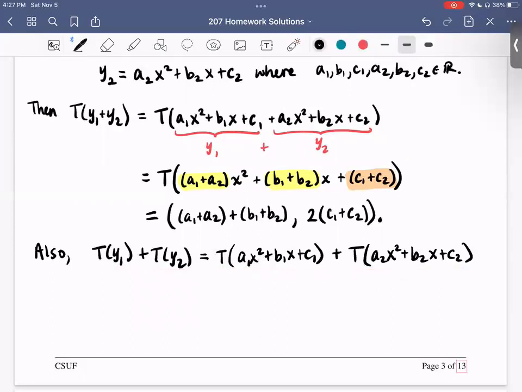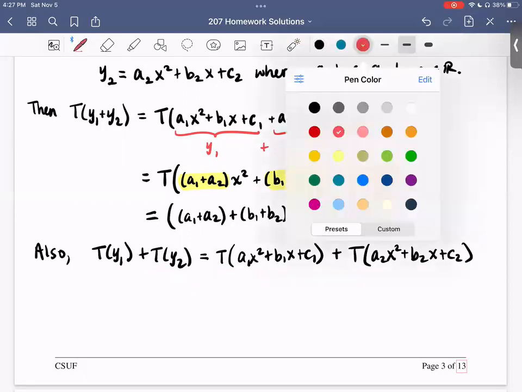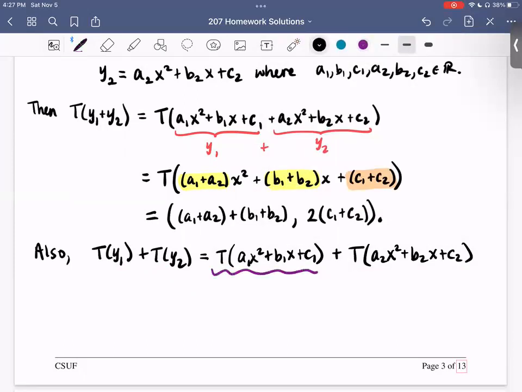When I apply the transformation to this piece, maybe I'll do this in a different color, I'm going to get a vector. The first element is the sum of the coefficients on x squared and x, so in this case, a1 plus b1.